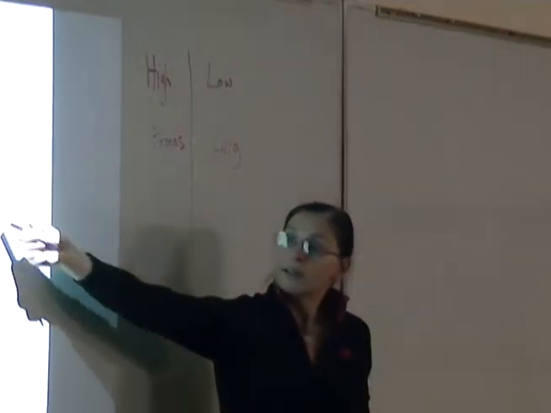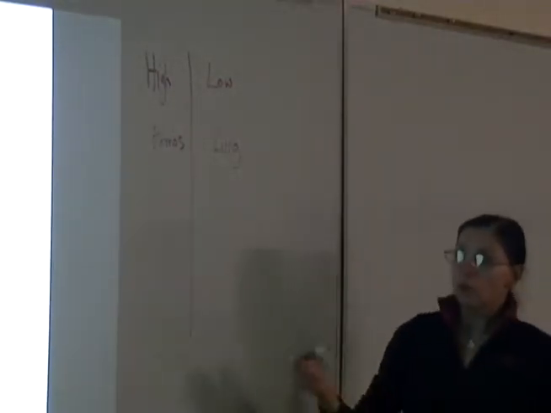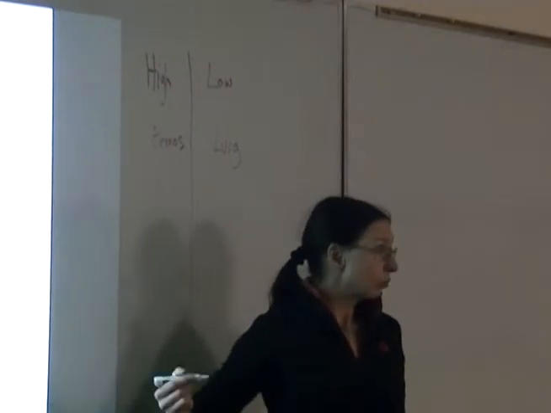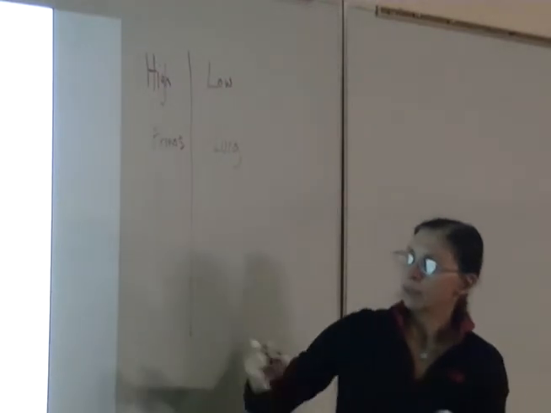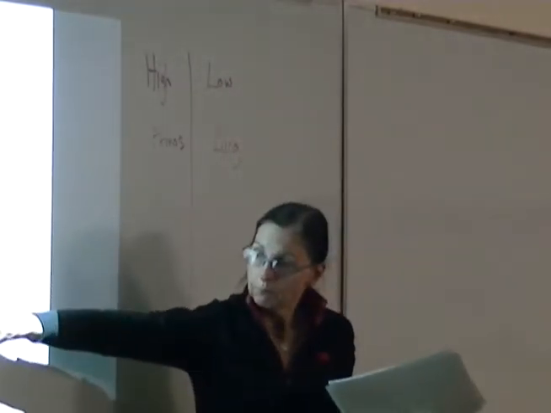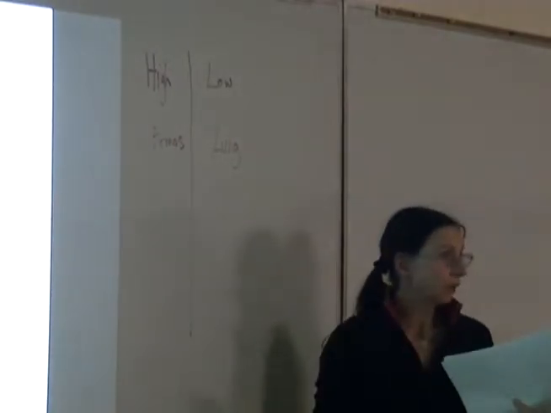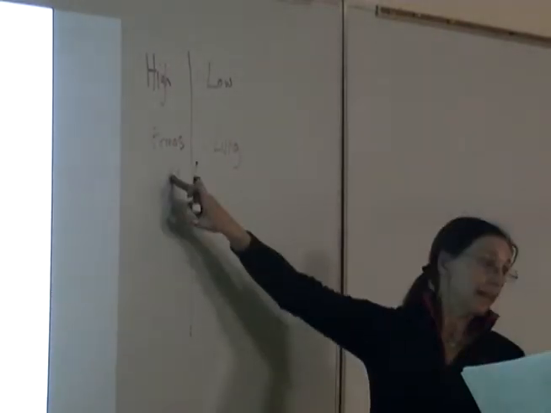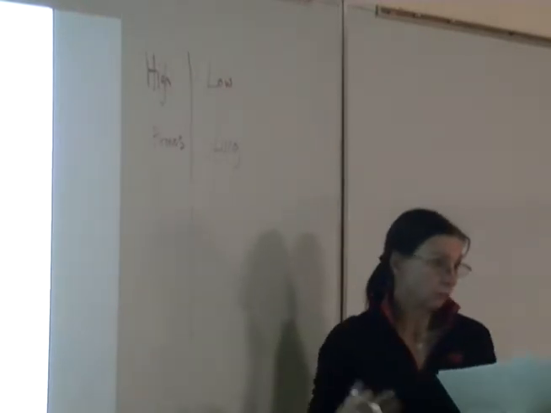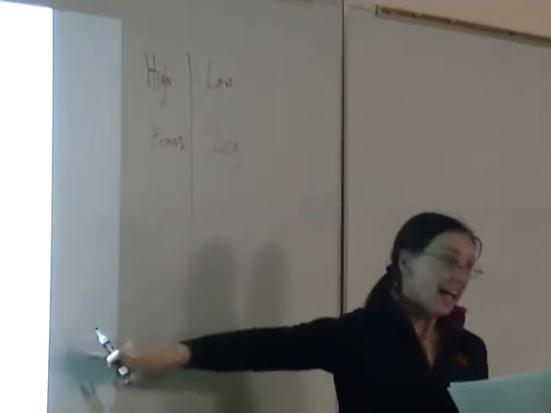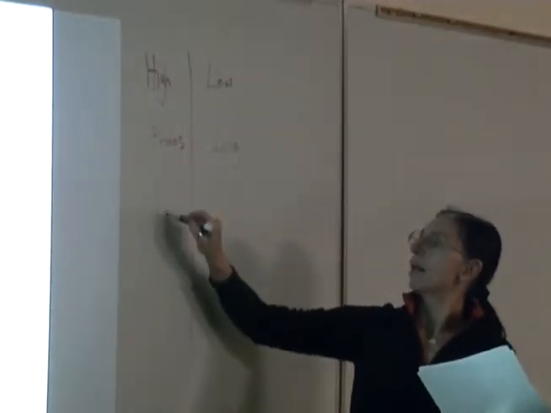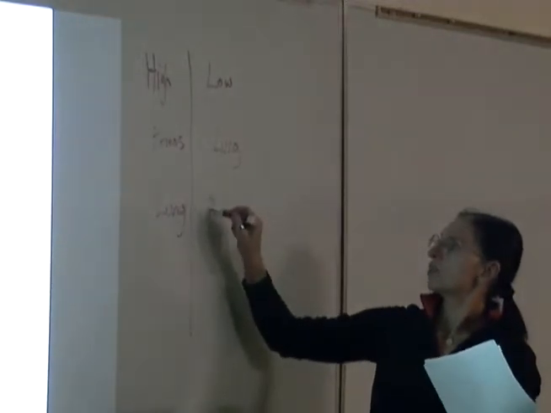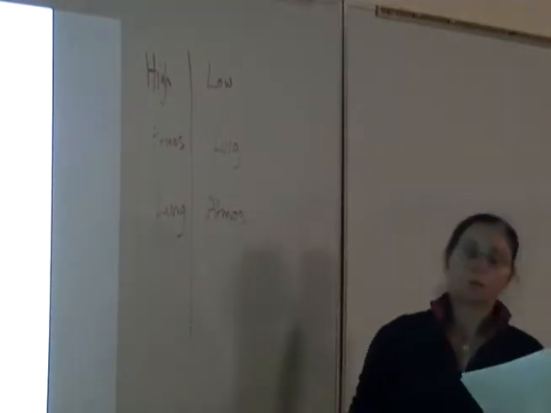I decrease the pressure in the lungs, air can rush into the lung. When I want to breathe out, we want to increase the pressure in the lungs so that it's higher than the atmosphere, and then the air will move out. So during expiration, the lung is high and the atmosphere is low.